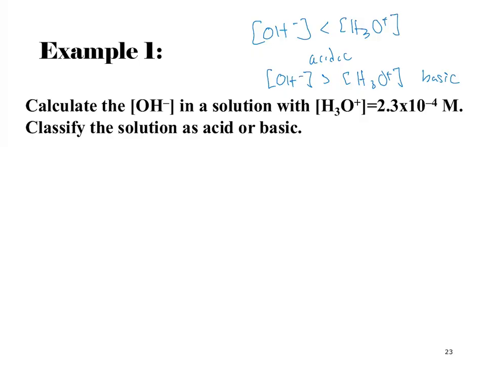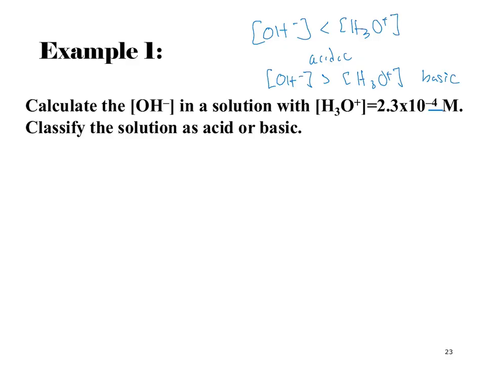And so we can always compare, what's the neutral value? 7, right? Which means that what exponent should be 7? If the OH minus or H3O plus exponent is 7, that means to get a ratio where the total product is going to be 10 to the minus 14, Kw, the other one has to be 7 as well. That's why it's defined as neutral, because you have equal concentrations of both.